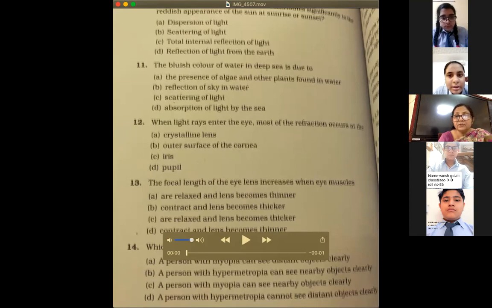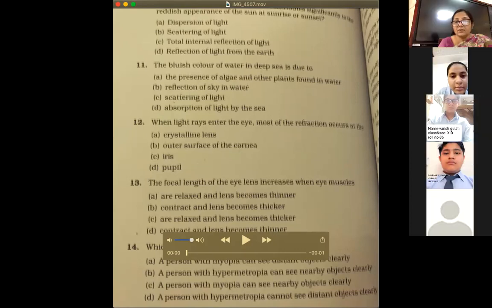Scattering of light. Why does the scattering of light take place in the sea water? Yes, children. Why do you think that the phenomenon of scattering of light will happen?